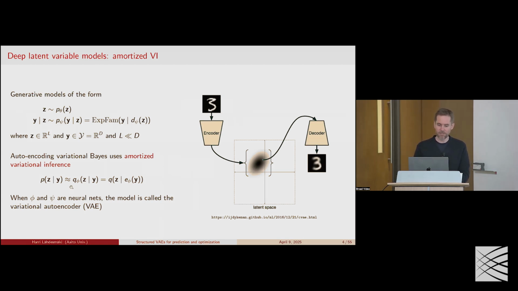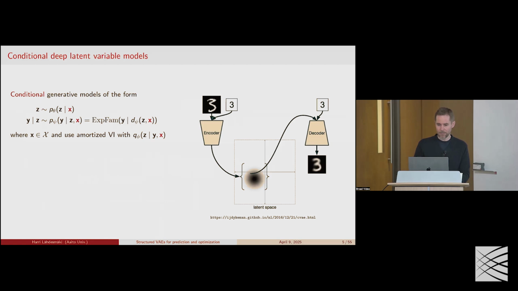We estimate the true posterior distribution of the unknowns with some parametric distribution Q. Amortization means that we have another mapping called the encoder function that maps the data item into the parameters of the variational approximation. And if these mappings, phi and psi, are neural networks, then we are talking about VAEs.